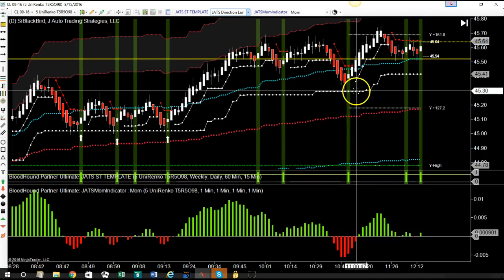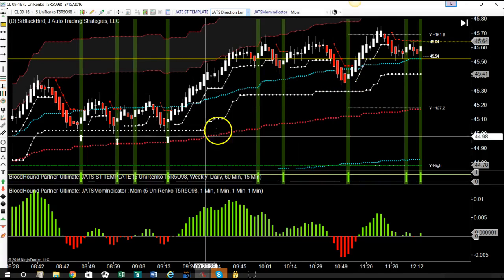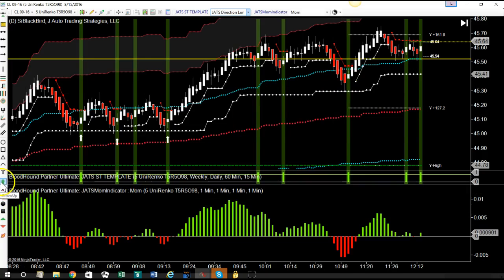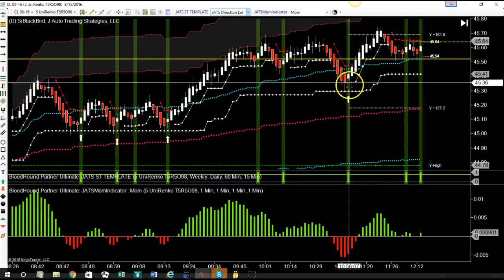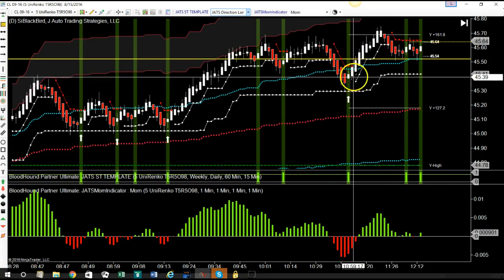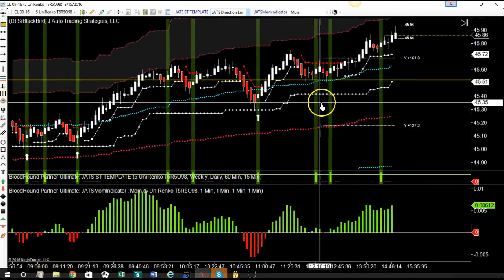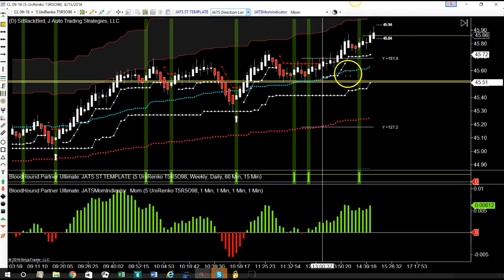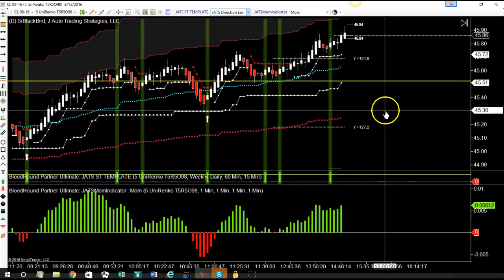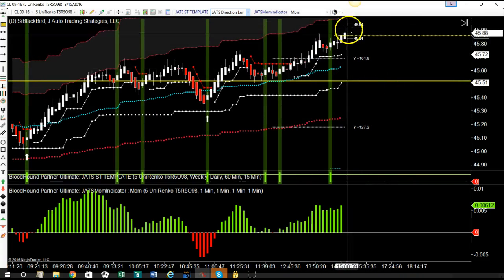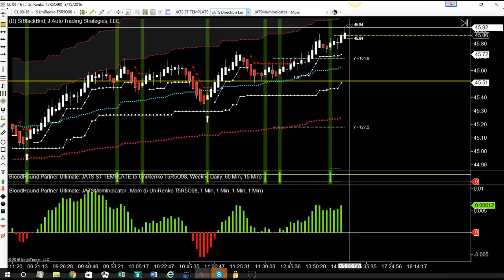But do you see where it came? It came right back to the super trend and went long again. So here was another trend continuation move back to the 161.8. And then the bars closed on their high.